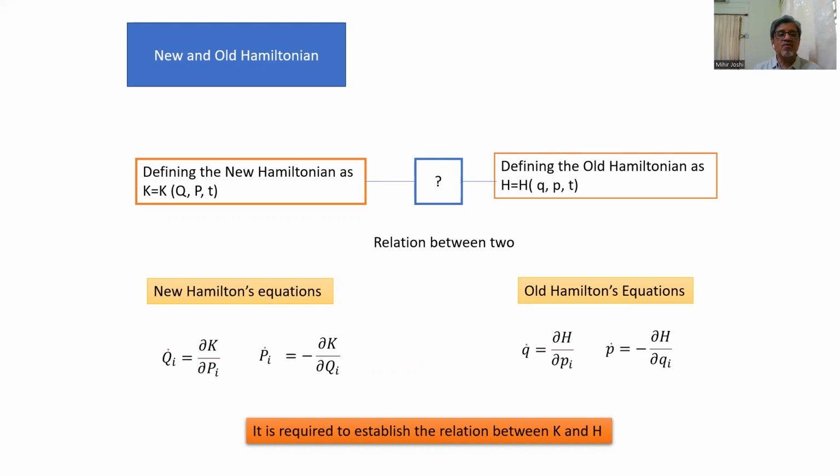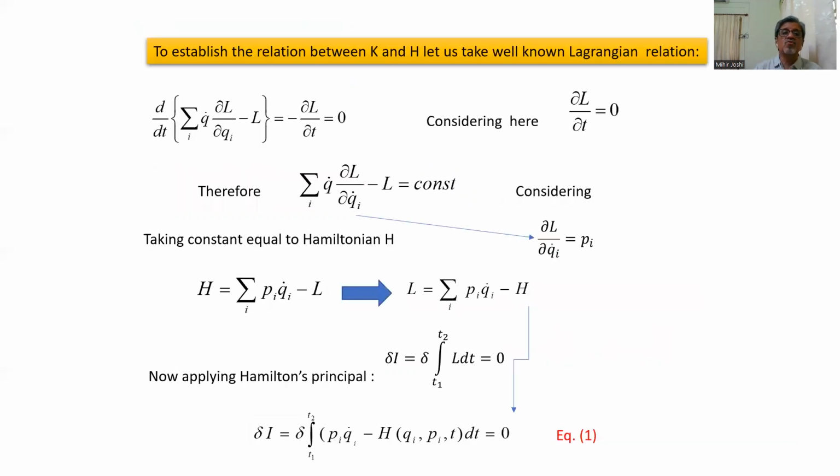The new Hamiltonian equations are written as capital Q dot i is equal to del K by del capital Pi, and similarly, capital P dot i is equal to minus del K by del capital Qi. The old Hamiltonian equations are small q dot i is equal to del H by del small pi, and p dot i is equal to minus del H by del small qi. So it is required to establish a relationship between K and H, and we are going to do that.